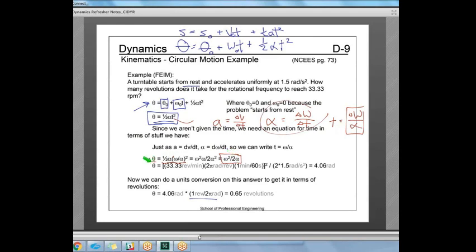So here's our equation: 1/2 alpha t squared becomes 1/2 alpha times omega over alpha, squared. A little bit of cancellation gives us omega squared over 2 alpha equals theta. Let me rearrange that a little bit, and if we write omega squared equals 2 alpha theta, does that look a little bit familiar?